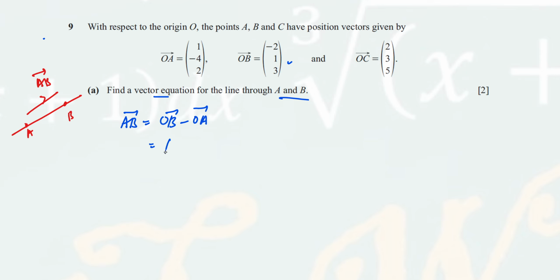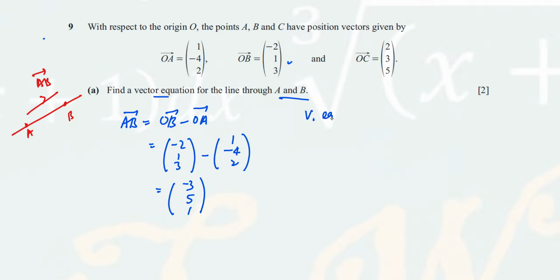So OB is given, OA is 1, minus 4, 2. So when you simplify, minus 2 minus 1, that is minus 3. 1 minus minus 4, that is 5. The last term, 3 minus 2 is 1. This is my direction vector.